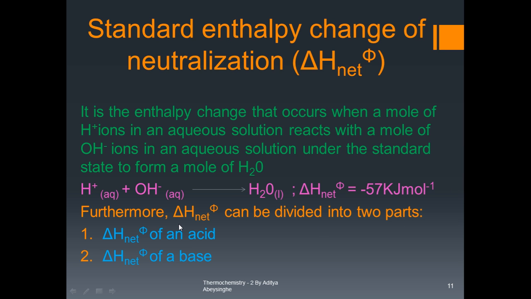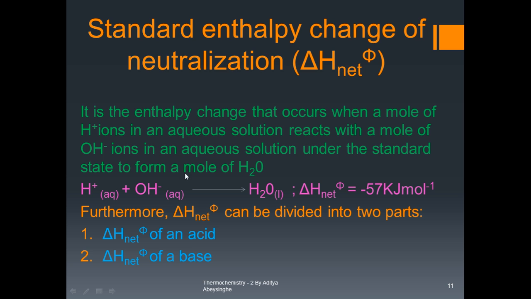Now for most of the acids which have one hydrogen, for example HCl, HNO3, so various acids which have one hydrogen, monobasic acids, and monohydroxyl bases, for example NaOH, KOH, which have one OH in their compound.